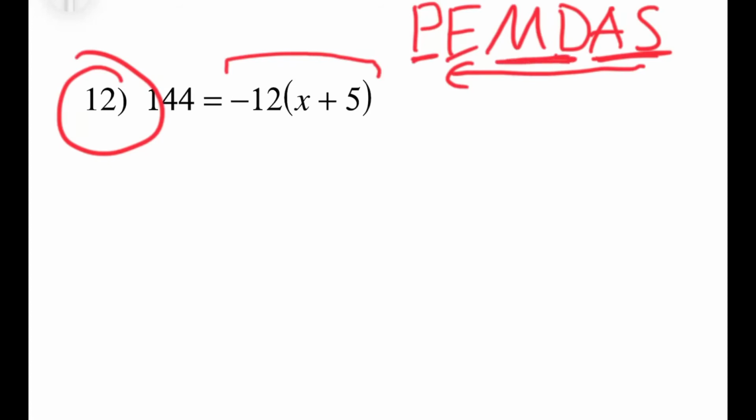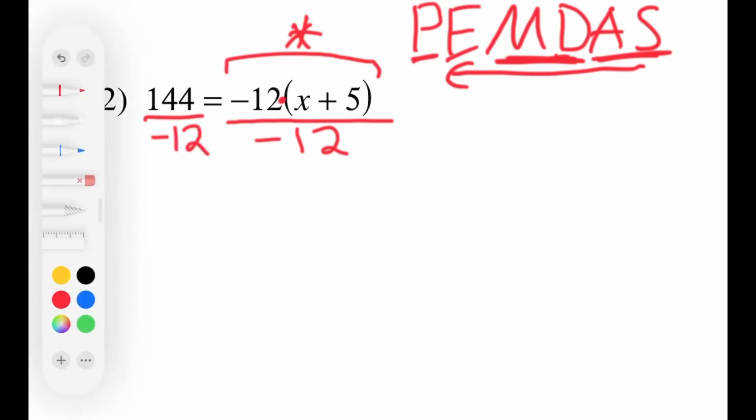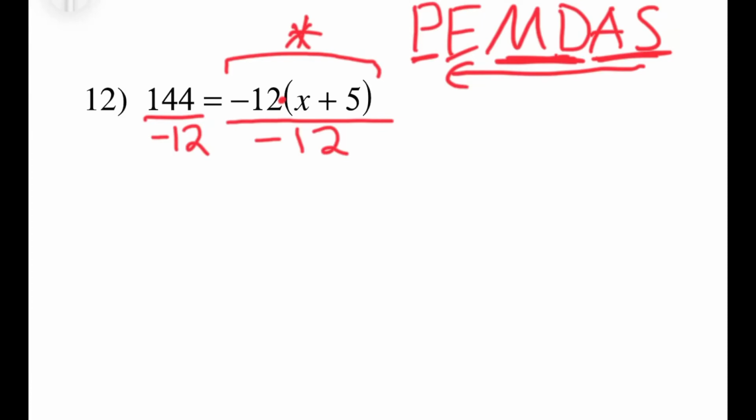Is there any multiplication and division on this side of the equal sign? Yes. There's multiplication in between the -12 and the parentheses or the grouping. So we're going to deal with that. We're going to divide by -12 on both sides. Let me get rid of that big circle so we can see things.